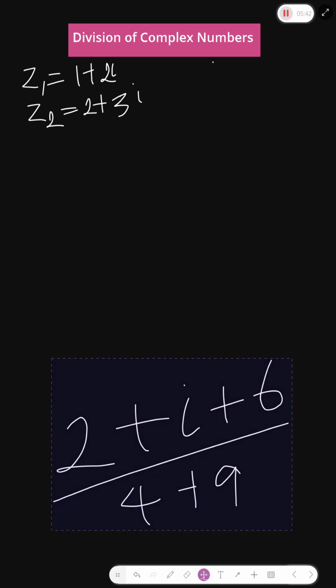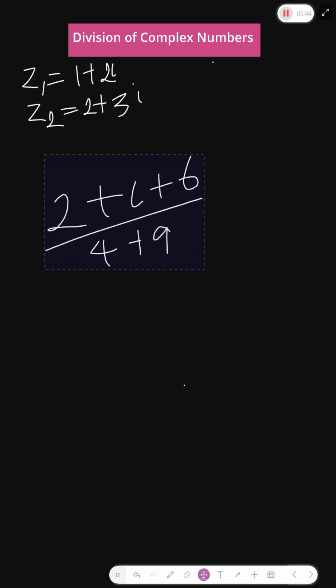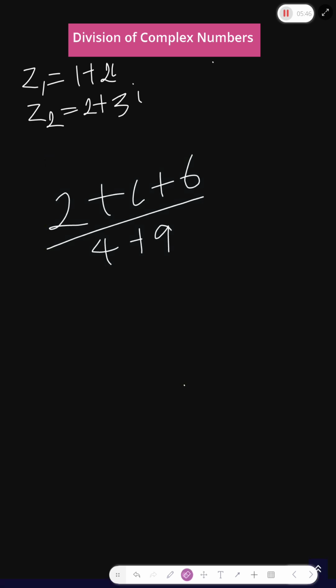Alright, so from here we can add the 2 and the 6 together to give us 8 plus i, over 4 plus 9, that's going to give us 13. So this is our answer.